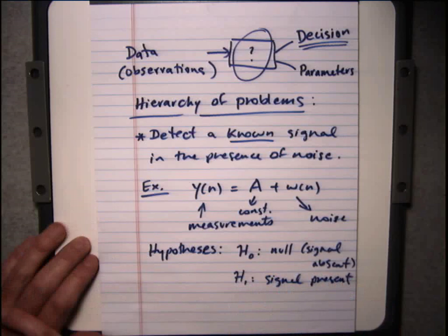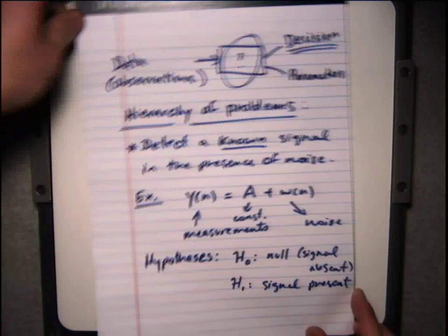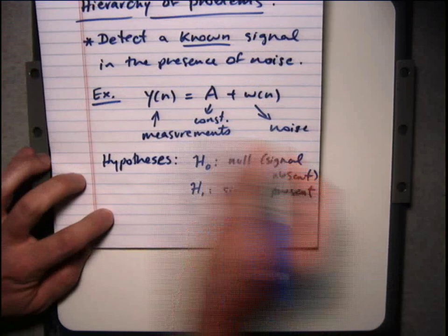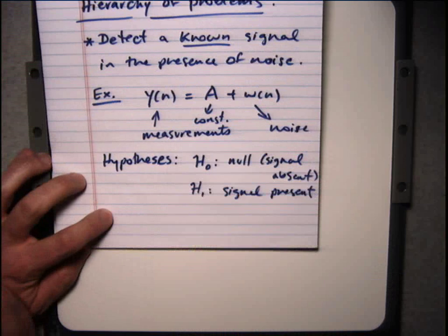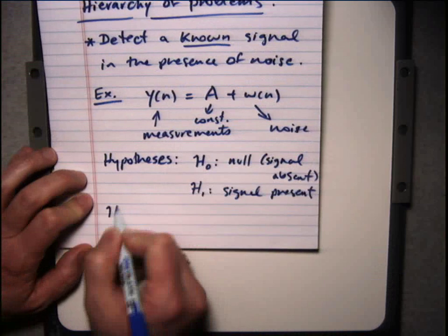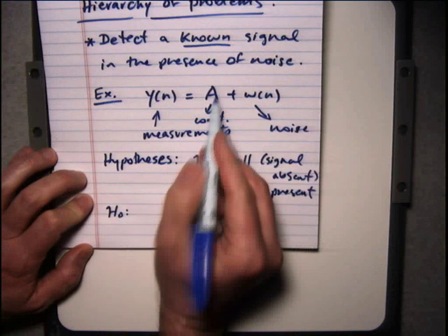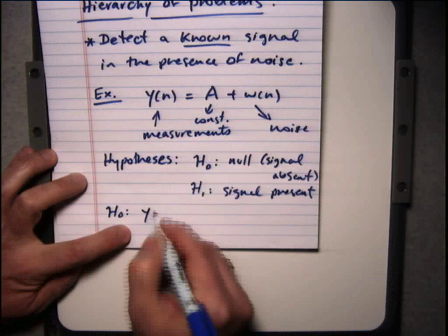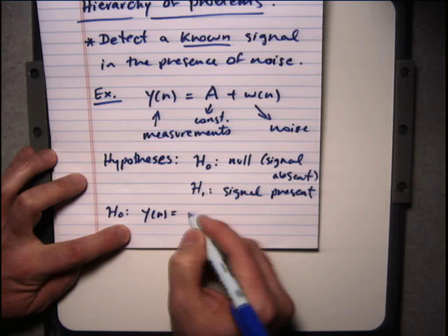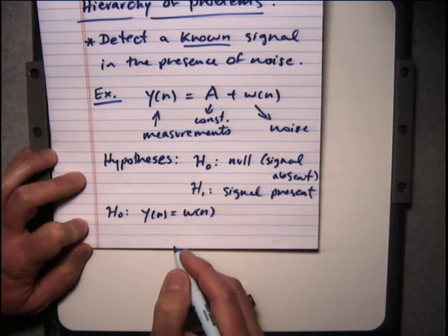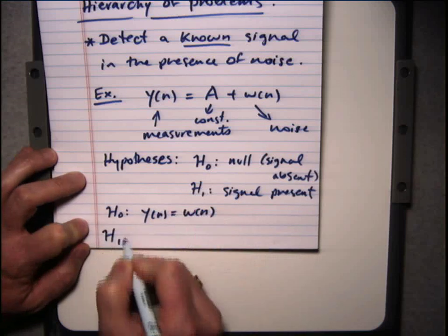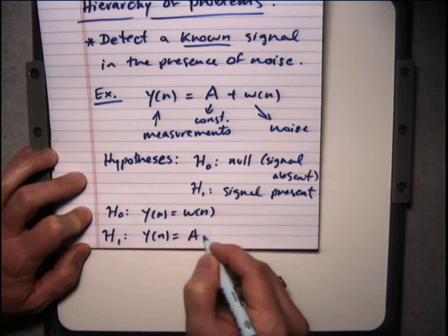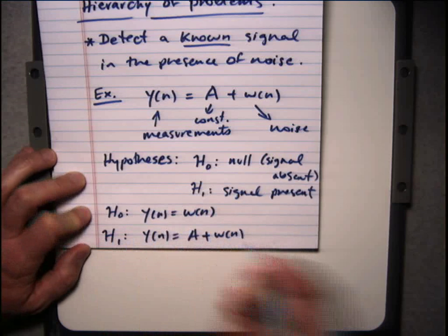Okay? Now, in terms of what this means in terms of this measurement equation, under H0, if the signal is absent, it means A is not there. Okay, so our measurements would be y_n equals just noise. We'd be just measuring noise. And if the hypothesis 1 is true, it means that the data is A plus W_n.